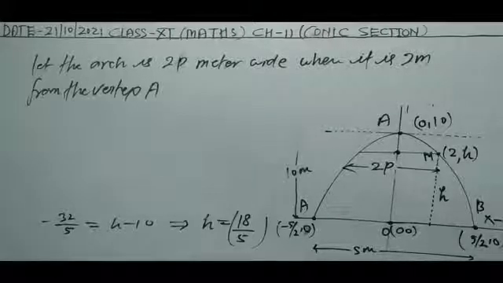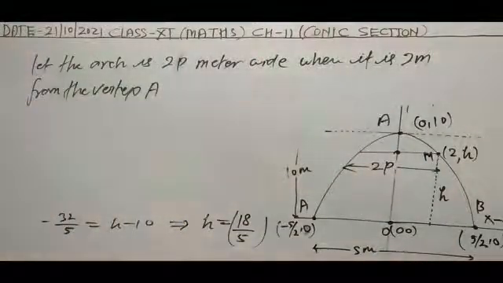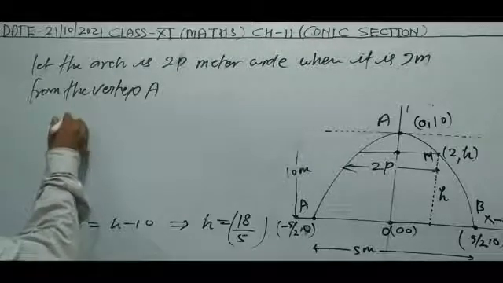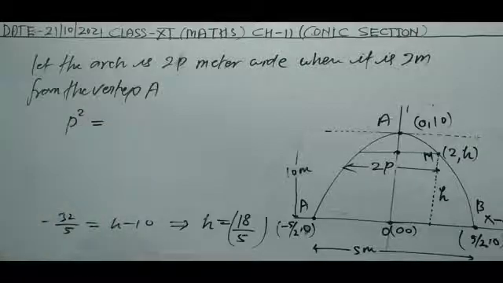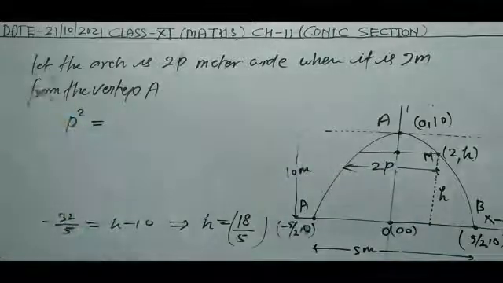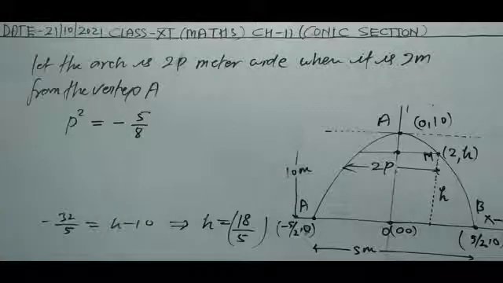When you see this distance from the origin, you will get 8, because the total height is 10. So you have to put this point in the equation. This length is p, and this length is also p. So p square is equal to minus 4ay, you know the formula. Minus 4a means 5 by 8, so p square is 5 by 8 into 8 minus 10.